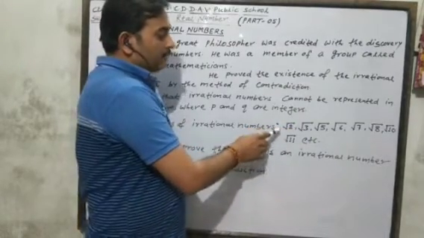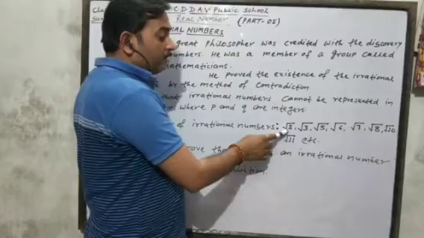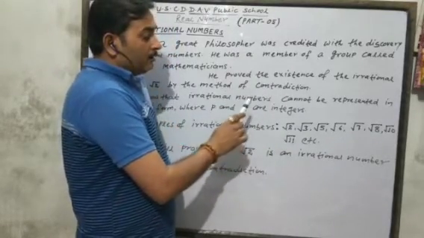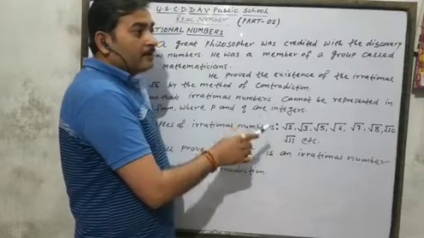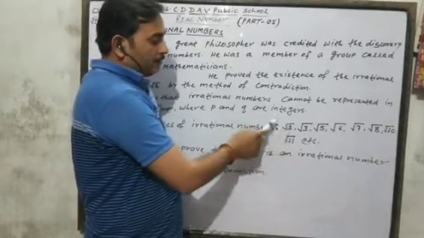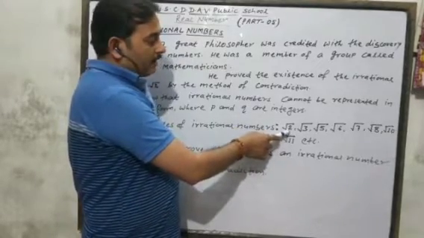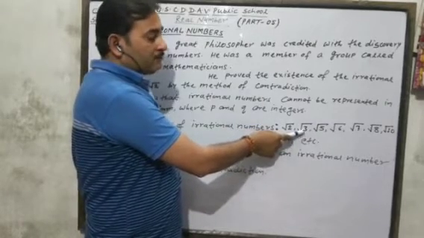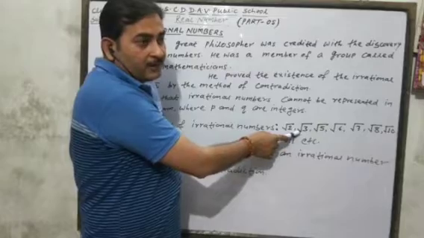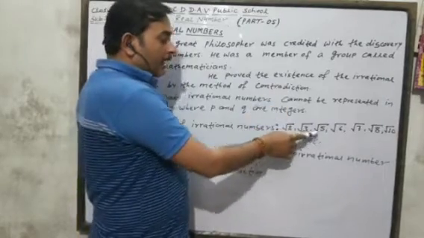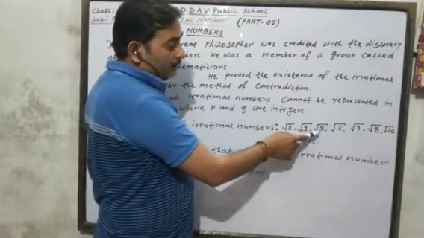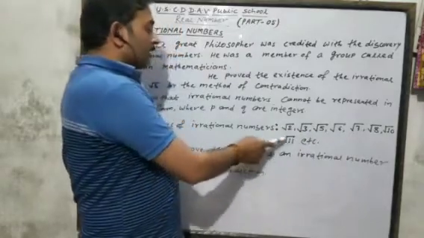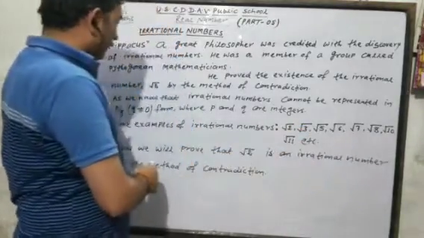If we have a square root of a non-perfect square, then the number so obtained will be an irrational number. As you can see, 2 is not a perfect square, so its square root is irrational. 3 is not a perfect square, so the square root of 3 is irrational. And 5 is also not a perfect square, so root 5 is irrational. Similarly, these numbers are irrational.